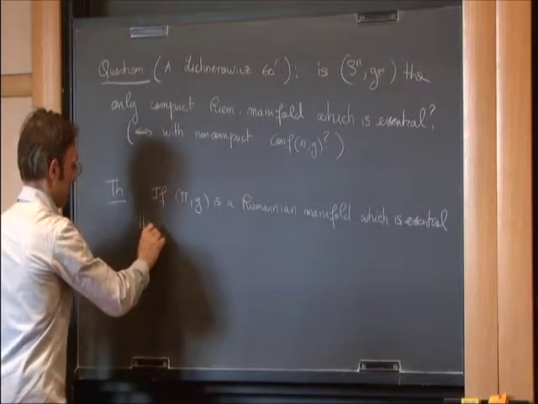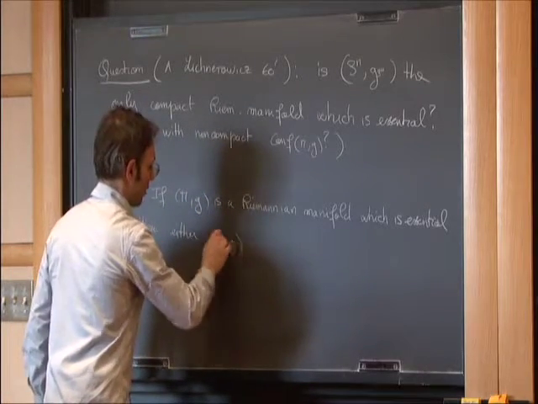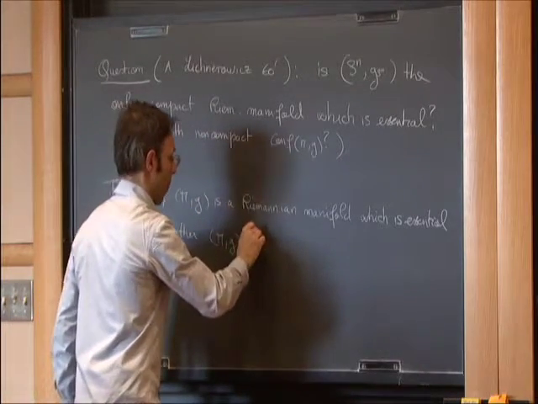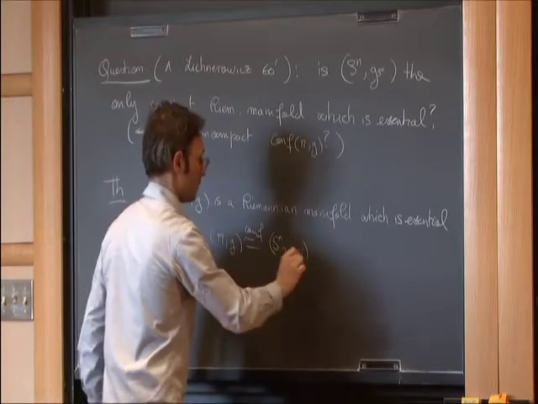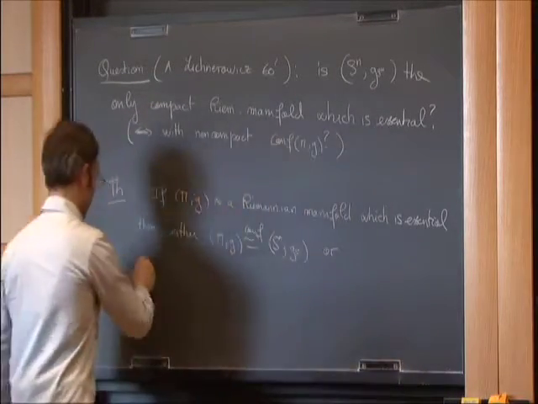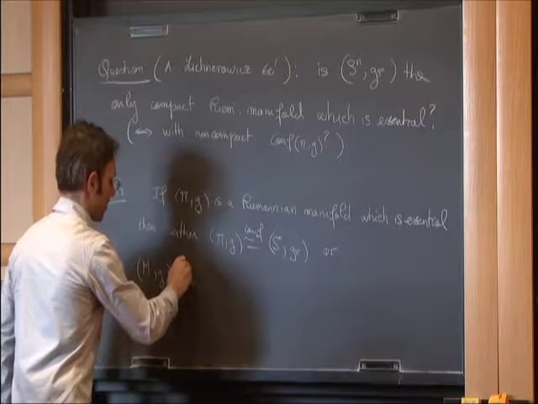Either your Riemannian manifold is conformally diffeomorphic to the round sphere, or your Riemannian manifold is conformally diffeomorphic to Euclidean space.